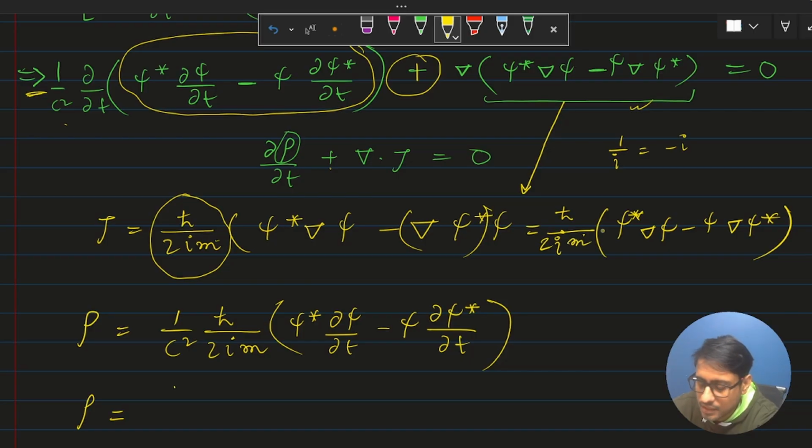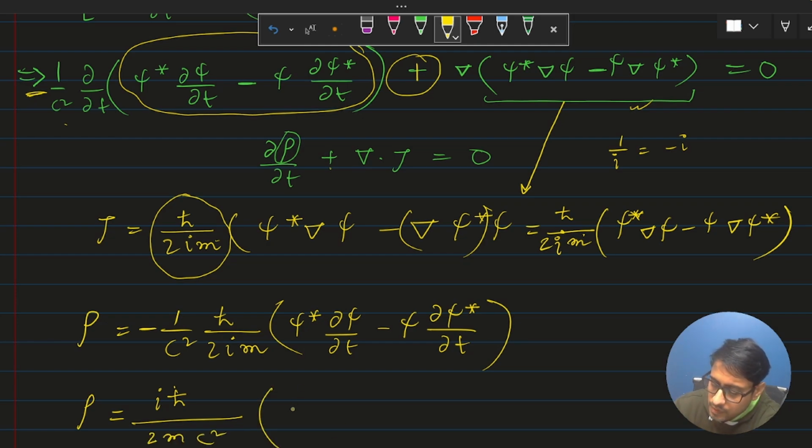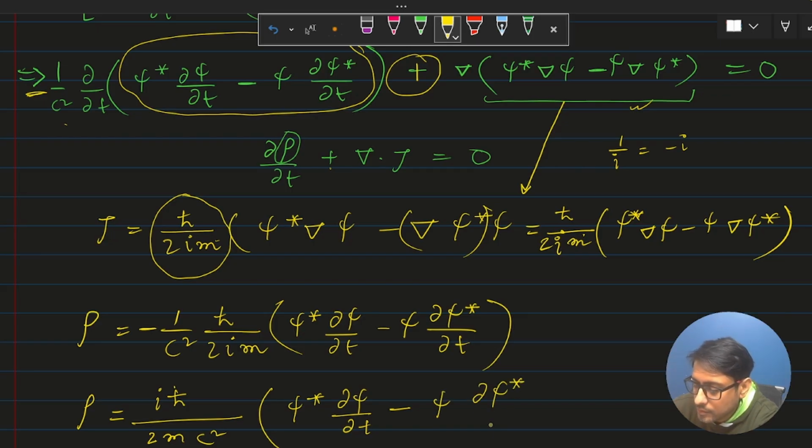So this is the j, and then the rho will be with a negative sign, and this negative will go inside, or you can take it to the top. So i h bar over 2 m c square, psi star del psi over del t minus psi del psi conjugate over del t.